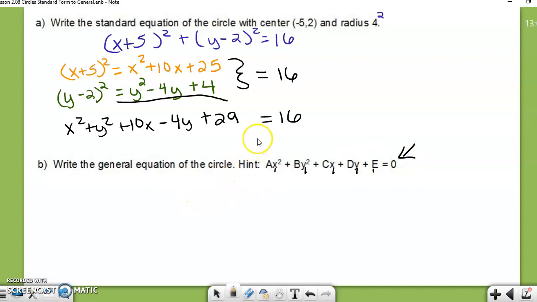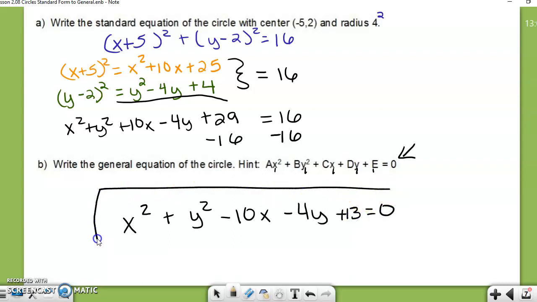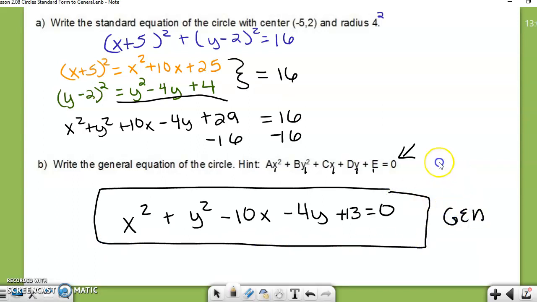So the last step I have to do is subtract 16 from both sides, and I end up with my x squared plus y squared plus 10x minus 4y, and then plus 13, equals 0. So this is my general form. This right here is my standard form.